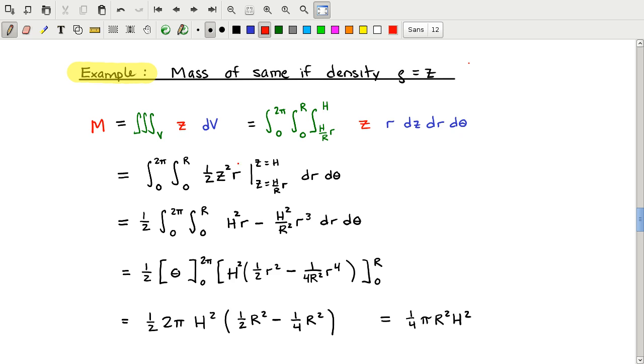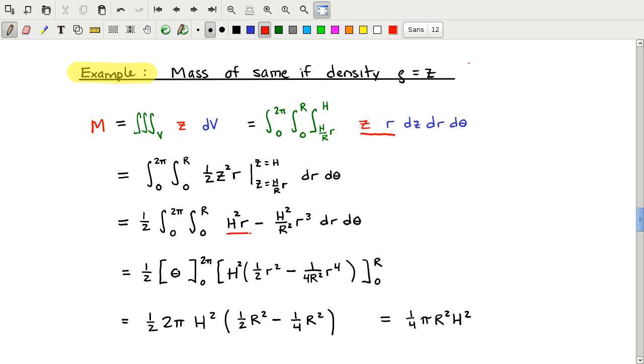Everything is very similar, except now we have extra powers of z. So when we integrate zr in our triple iterated integral with respect to z, we get 1/2 z squared, r being treated as a constant. We pull out that 1/2, evaluate at z equals capital H, subtract the value evaluated at capital H over capital R times r, and now we do the same thing. We evaluate our theta integral separately. The integral of d theta is theta from 0 to 2 pi.